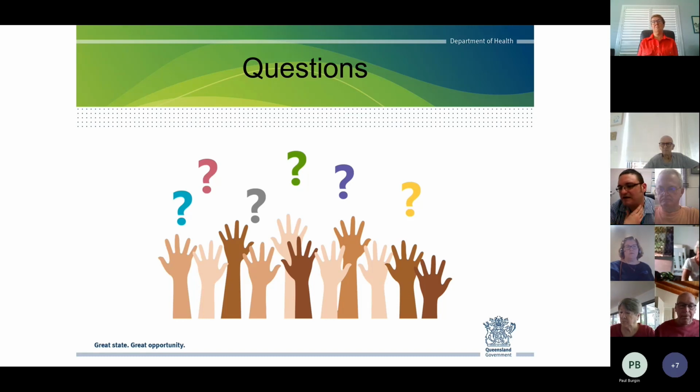The secretion management is all done by physios in the community. I'm currently trying to help someone else with a Bundaberg problem with cough assist and stuff. That's the cough assist you need for the secretion management, which is run by physios.